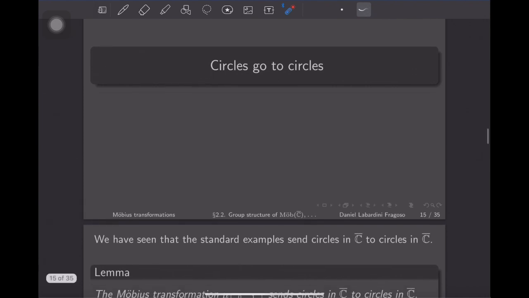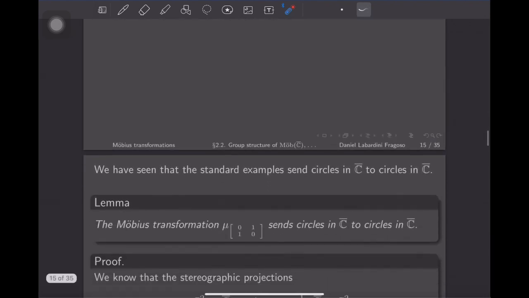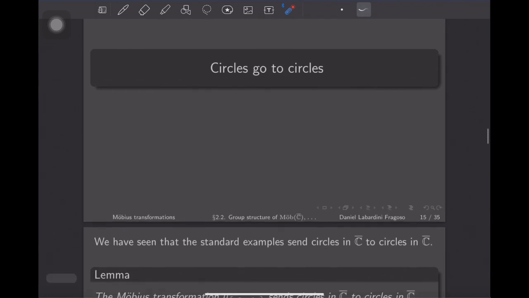Okay, now circles go to circles, which before going into the proofs, what is it going to be good for?